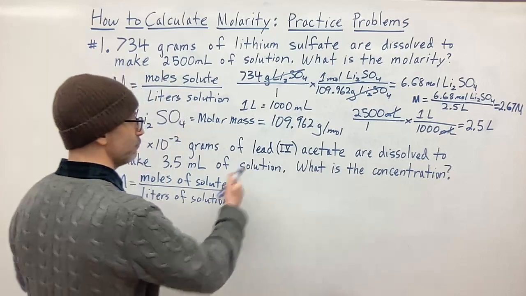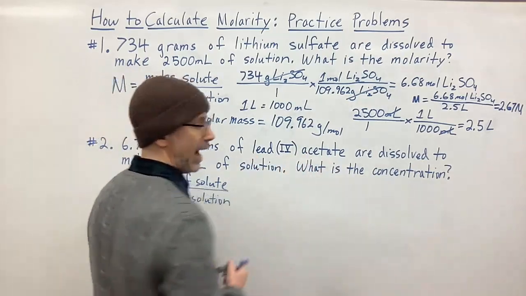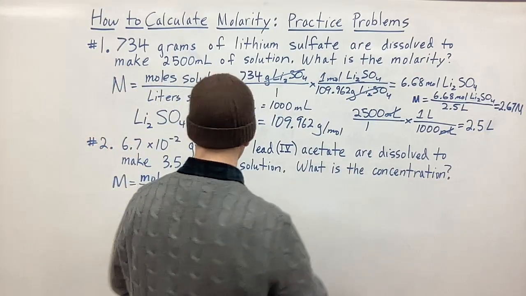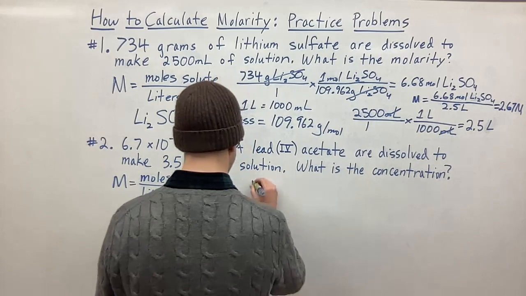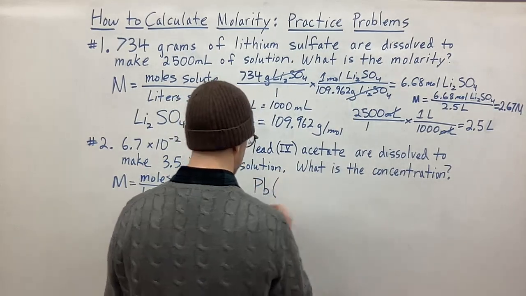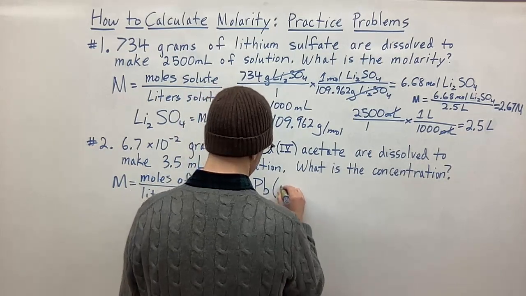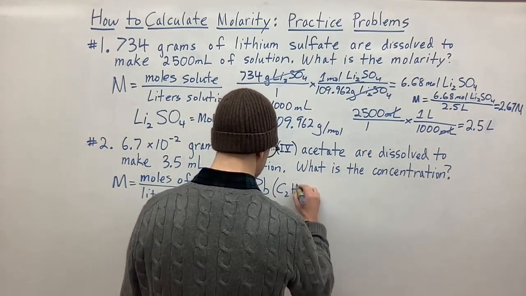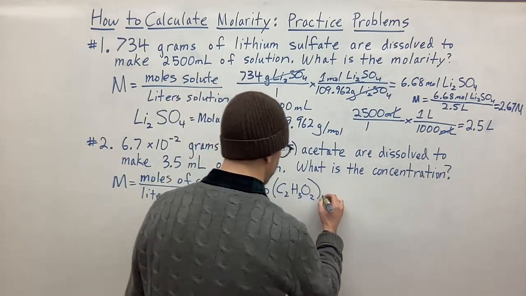In this case, lead 4 is for the charge on the lead. Acetate has a -1 charge. So when we get the formula, it's going to be lead, which is Pb, and we're going to have our acetate, which is C2H3O2, and we're going to have 4 of those.